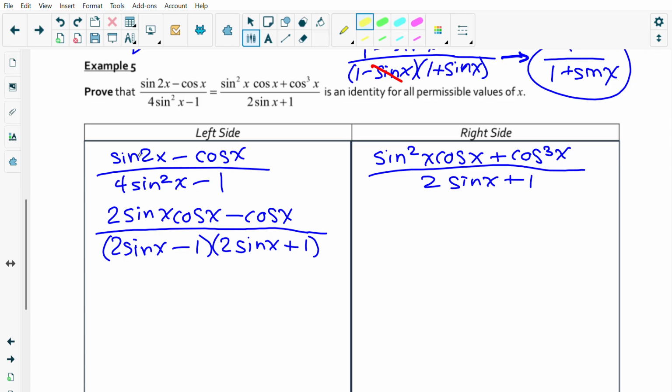What identities did I use? I used the double angle identity right here, and then the denominator I factored. Okay, let's see where that leads us.